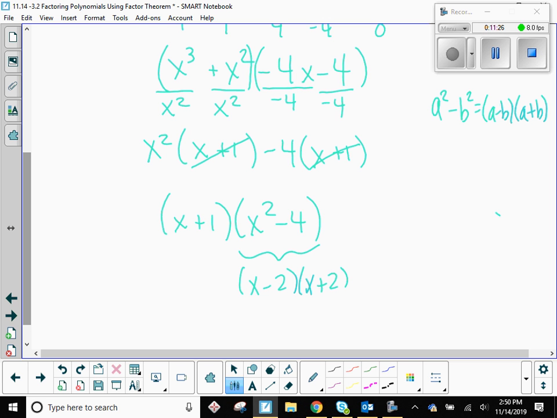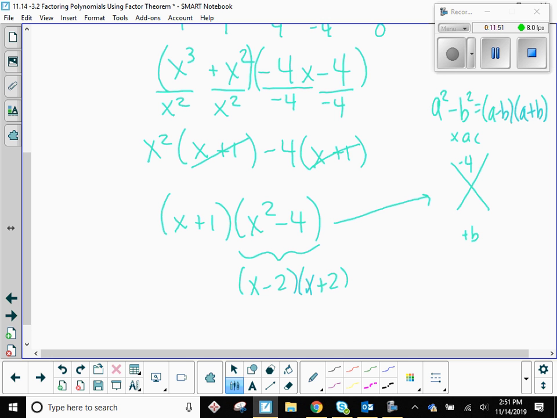But if you're not a shortcut liking kind of person, you don't have to remember that shortcut. You can still do the cross method. So this is method 2 for that piece. AC is negative 4. What is the B value? 0, right?